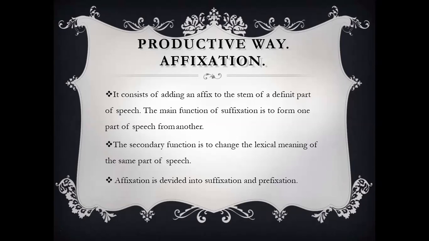And we add an affix here. So to be more exact, we add the ending, suffix er, and it became a noun. It was a verb, teach. We add er, teacher, it became a noun. So this is the main function of suffixation or affixation in general.